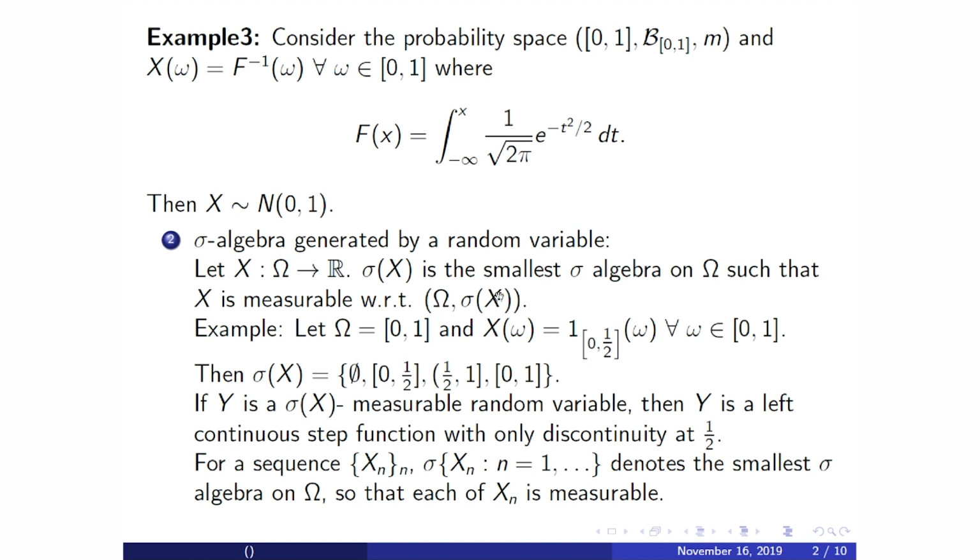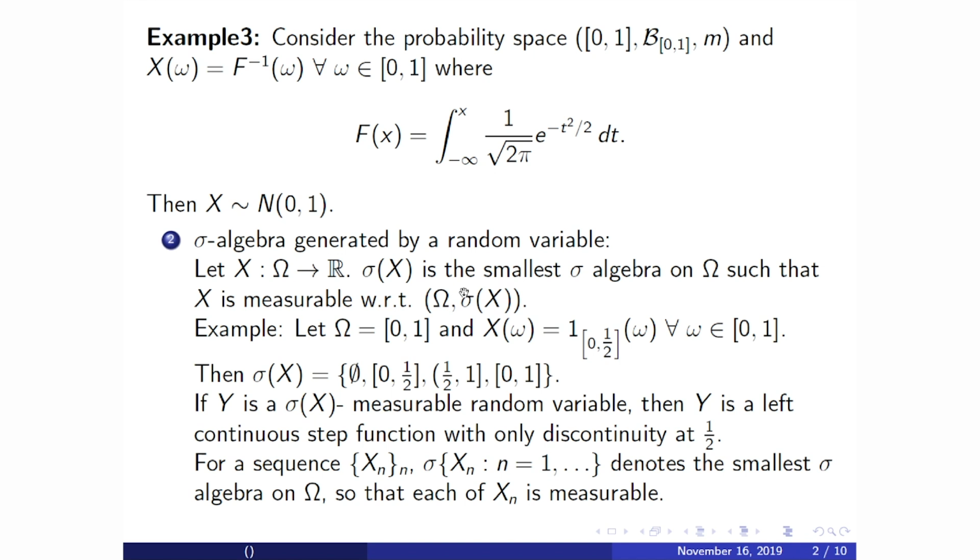The basic reason for the existence of that sigma algebra is that the collection of sigma algebras under which X is measurable is non-empty, as the power set of omega is already in that collection, and an arbitrary intersection of sigma algebras is still a sigma algebra. From that one can get the smallest sigma algebra for which X is still a measurable map.